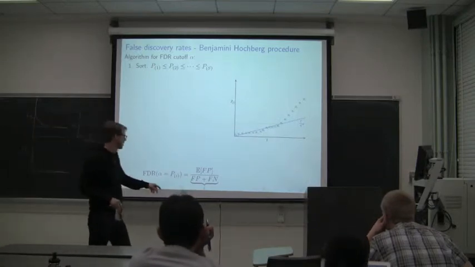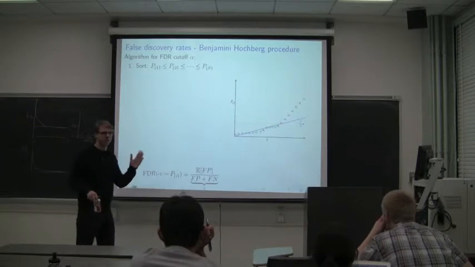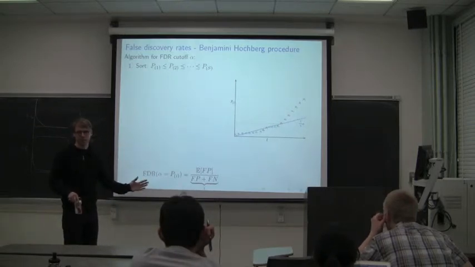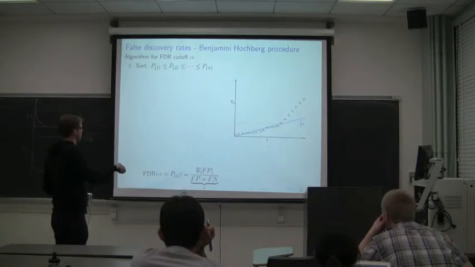That's just I, because if it's the ith p-value, we have I significant p-values at that position. So we know that part of the false discovery rate. The question is, how can we get the expectation of that?